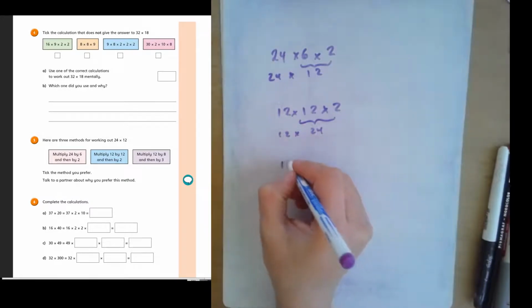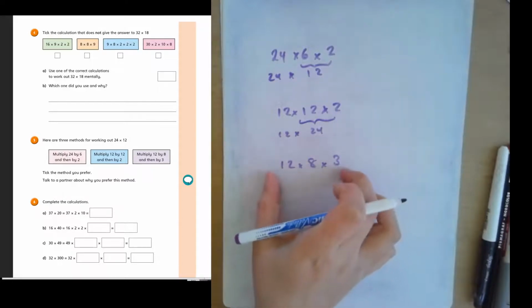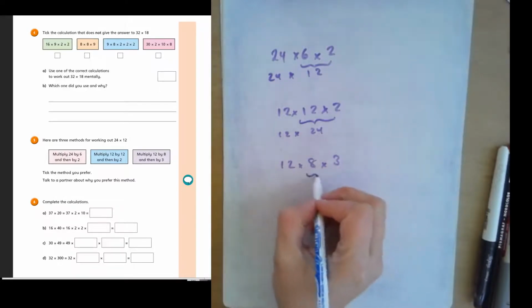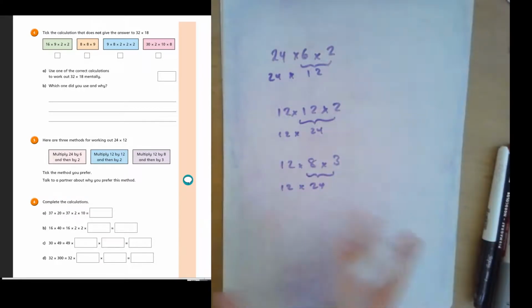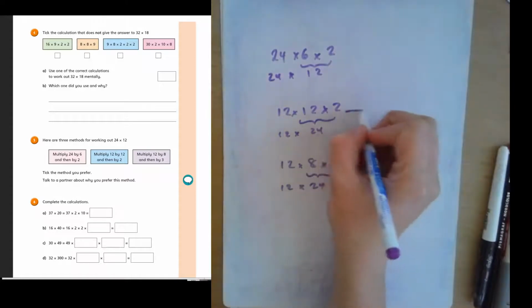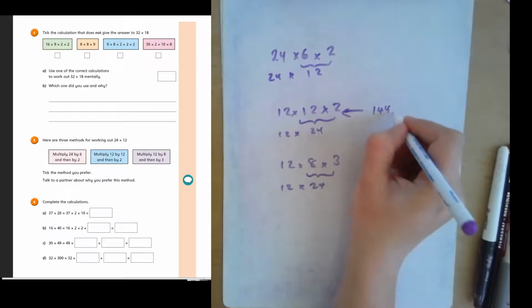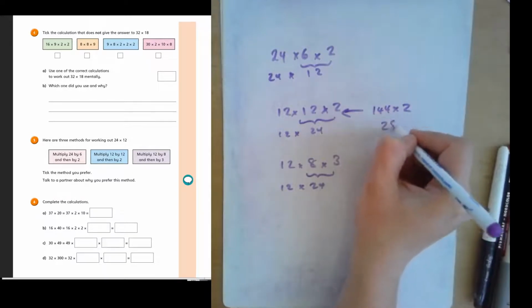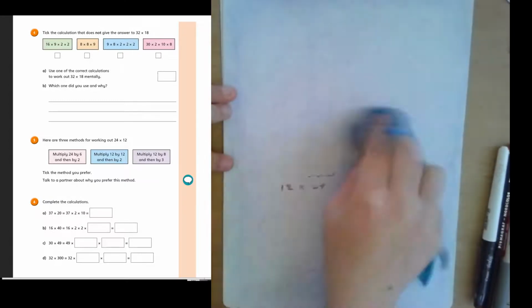And then you've got 12 times 8 times 3. This one would have this be your 24, and this would still be your 12. I don't know which way you prefer. Personally, I like this one because I know my 12 squared is 144 times 2, which is nice and easy. It gets me 288. I'm not sure which way you prefer, but whichever way you preferred would have given you the method that you wanted.